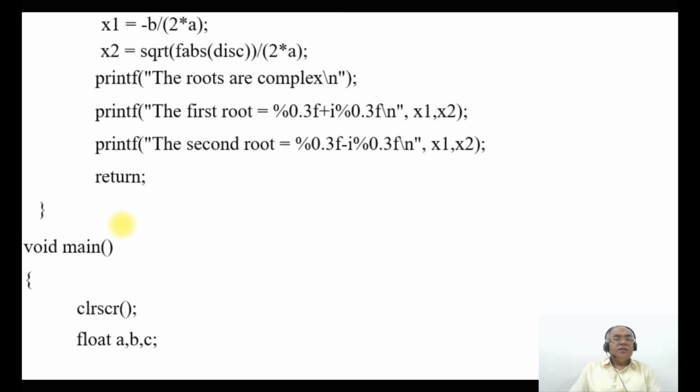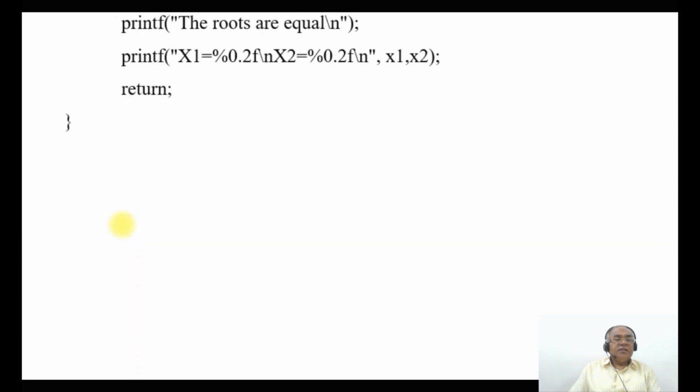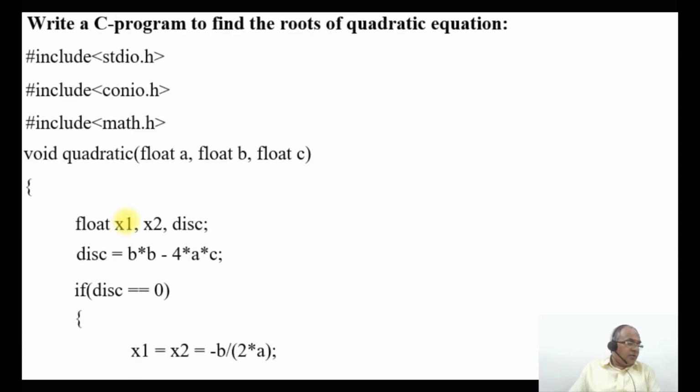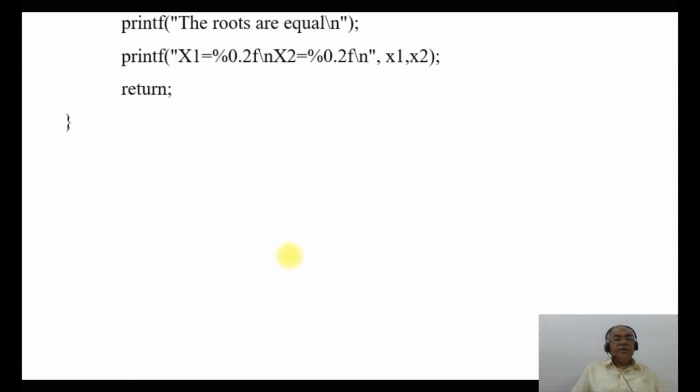Here it calculates minus b, that is minus 4, into 4, minus 4 into 1 into c. This is equal to 0, it checks. So the roots become real, which is, the roots are equal. That is how it is going to be executed.